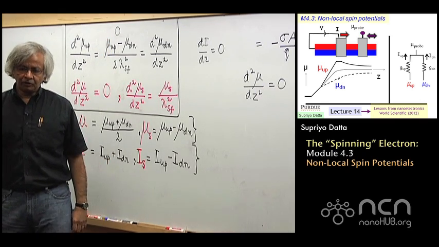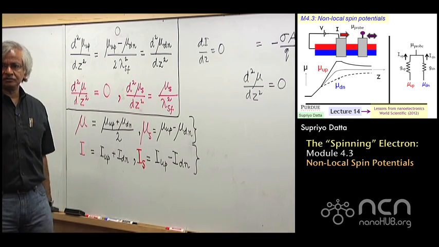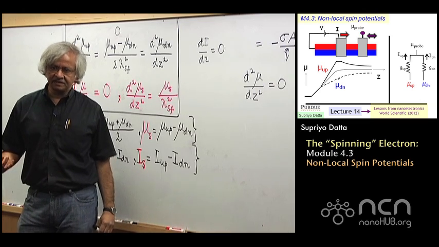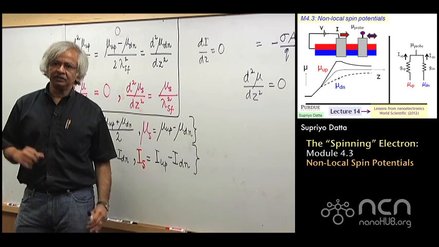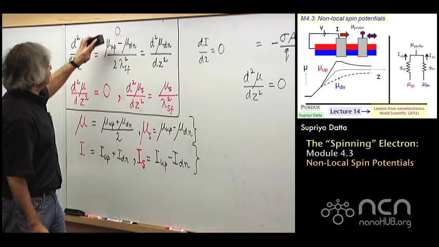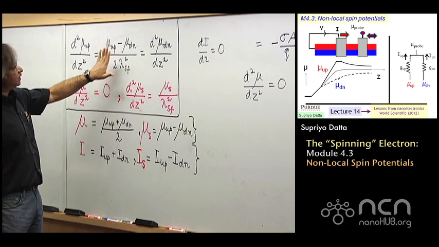But what we discussed is they're not independent in the sense that ups can convert to downs. If you have a lot more ups than downs, there are always spin flip processes that try to turn one into the other. And that's what gives rise to this non-zero value for d2 mu dz2.